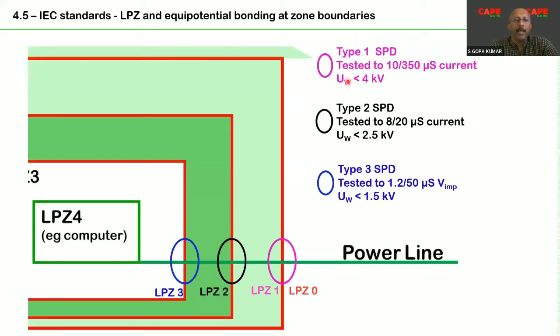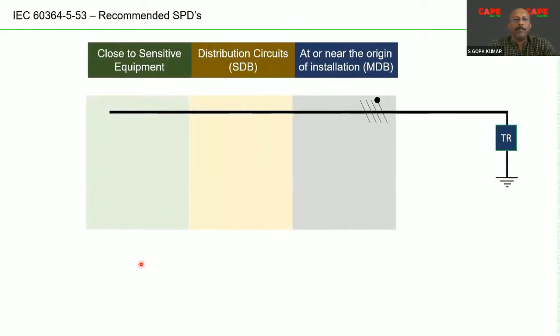Earth means the earth bus bar of that particular panel. So at the first one, at the power line incoming, type 1 SPD; in the sub switchboard, probably type 2 SPD and type 3 SPD. So this is basically the recommended practice of making equipotential bonding. That means the building is classified into several steps and the lightning threat is reduced in several steps.